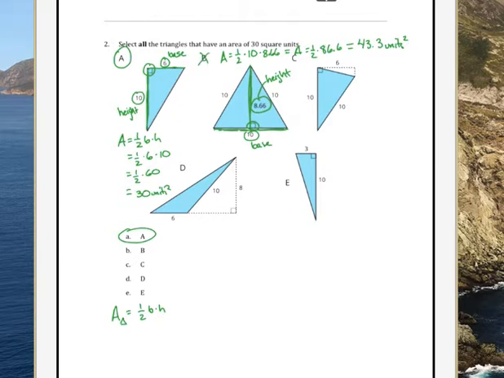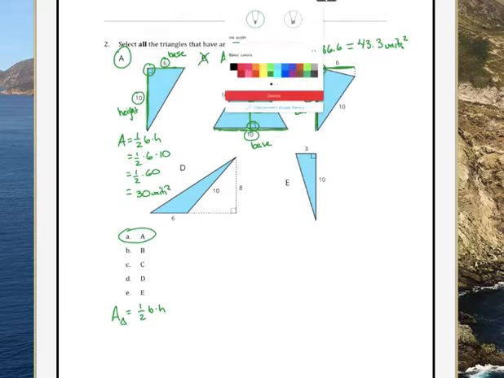Nope. All right, C. C is arguably the hardest one here. What I'm looking at is I see this perpendicular sign, and then I've got these two sides attached to it. And that's weird, okay? Because this side at the top is not part of the triangle. So let's say that this 10 is our base, even though I just said that I usually say that's the height, but let's just say this is our base.